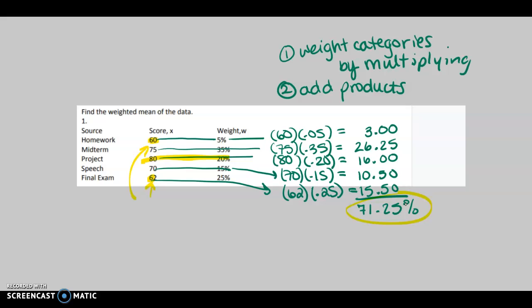Now, if this was a scenario where it was asking you, what is this person's average grade per category, which is something that we would never ask, then you would divide at the end by 5, but that just doesn't make sense.